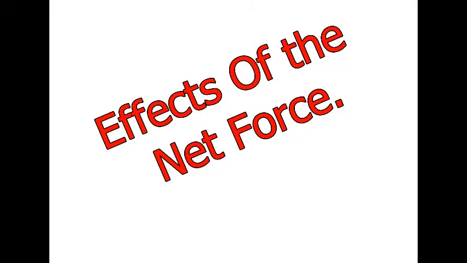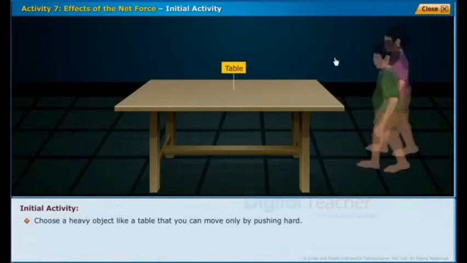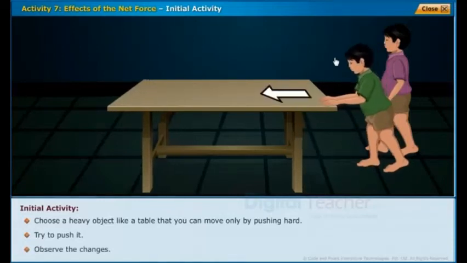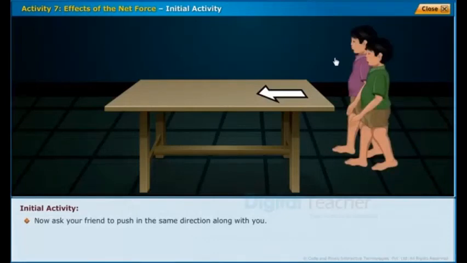Let us do an activity observing the effects of the net force. Choose a heavy object like a table that you can move only by pushing hard. Try to push it. Observe the changes. Now, ask your friend to push in the same direction along with you. Observe the changes.